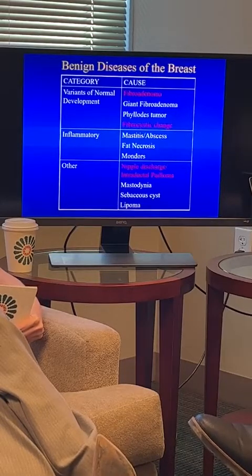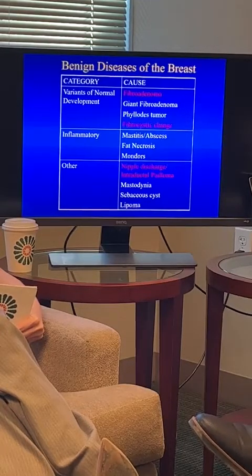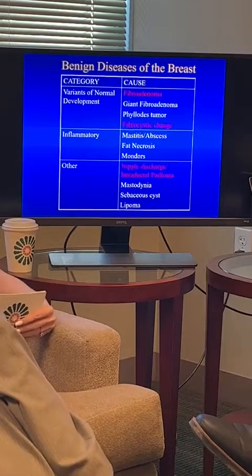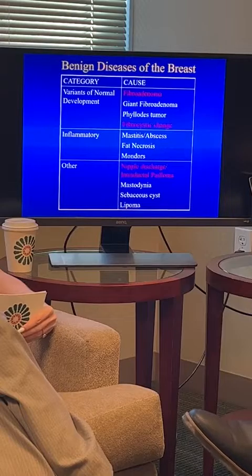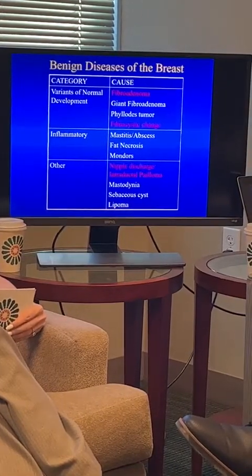Both conditions can present as a concerning breast mass. There are several inflammatory conditions which can occur in the breast, but apart from mastitis, which is associated with lactation, most of these are relatively uncommon. Among the other category, both nipple discharge and intraductal papillomas are relatively uncommon but can be quite important in the differential diagnosis of breast cancer.